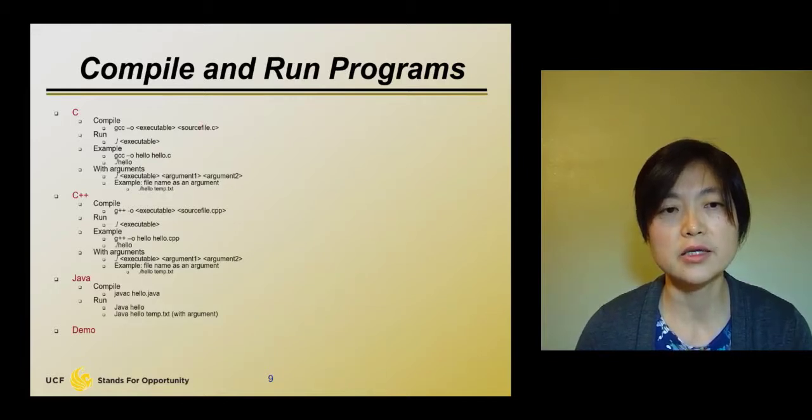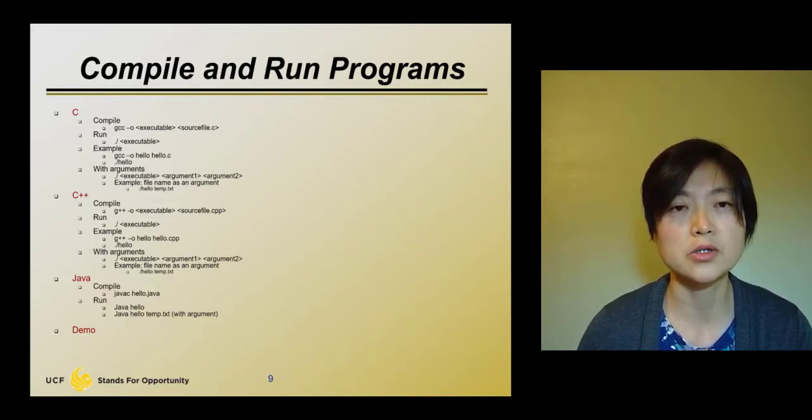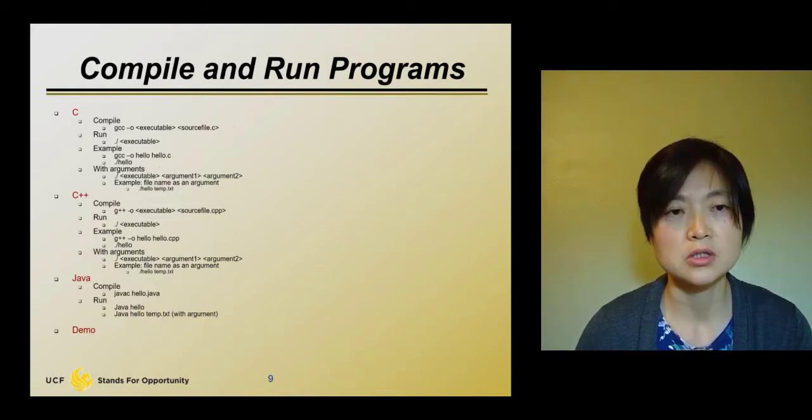So here I give some examples and explain how to compile and run your programs on Eustis for different languages. So for C, when you compile, you use gcc. This is a built-in compiler on Unix.